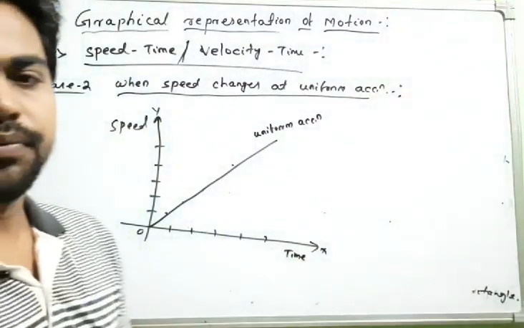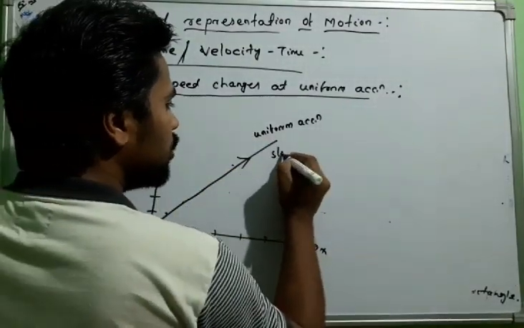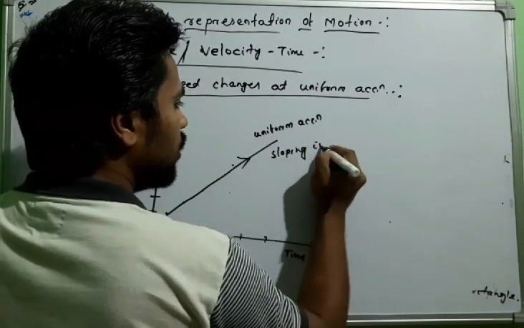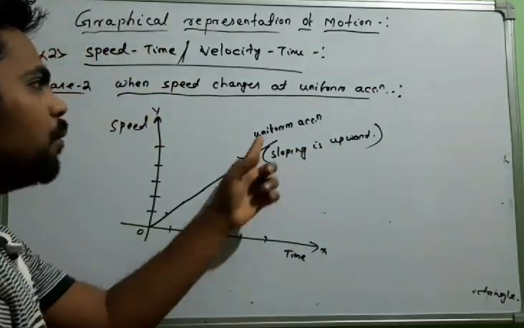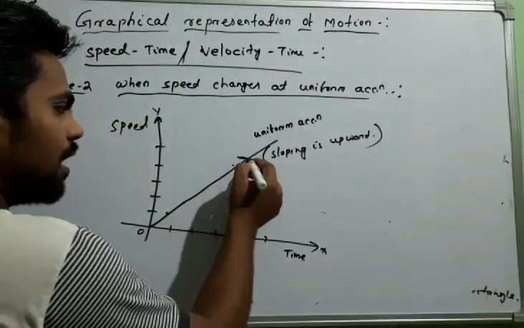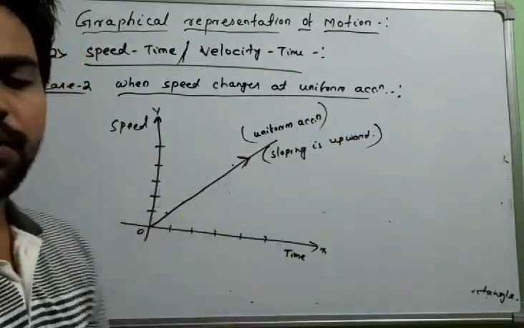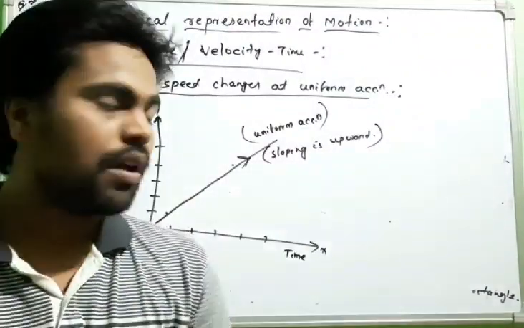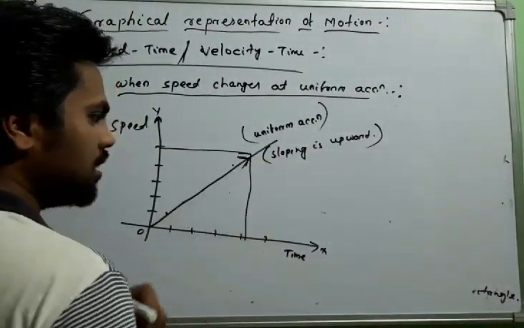That is called uniform acceleration. Here the sloping is upward. Write down: when the sloping is upward, at that time the body is in uniform acceleration in the speed versus time graph. Clear? And the slope of the graph represents acceleration.